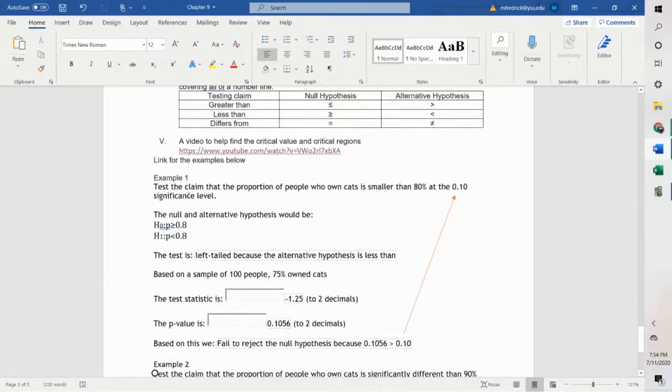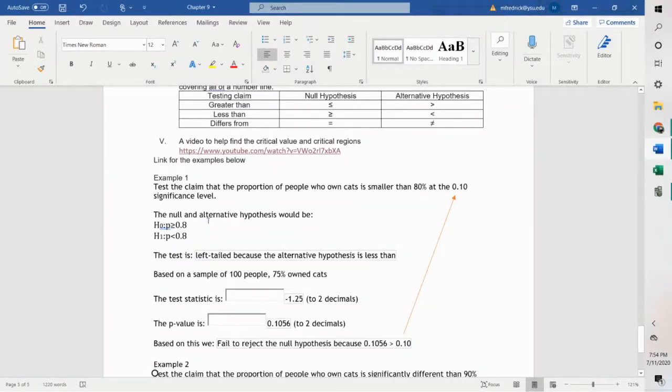But example 1, test the claim that the proportion of people who own cats is smaller than 80% at 0.1 significant level. So we're checking smaller than 80%.